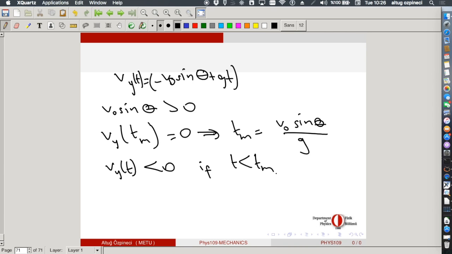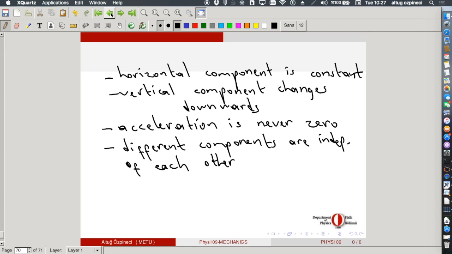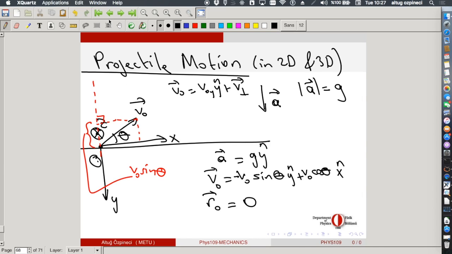Negative y direction. If you look at our definitions, always remember our definition: the positive y direction is pointing downward. If Vy is negative, it means it's pointing upward. Negative y is pointing upward. So if Vy is negative, the object is going upward.